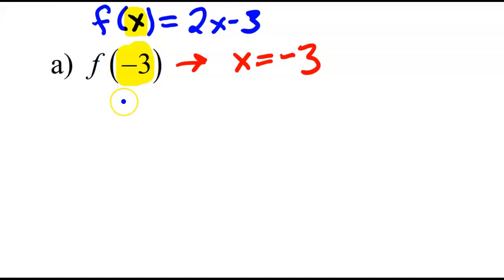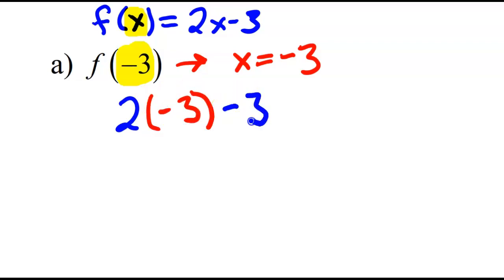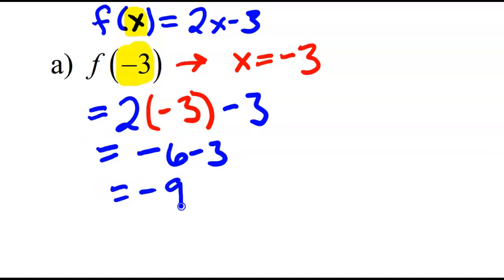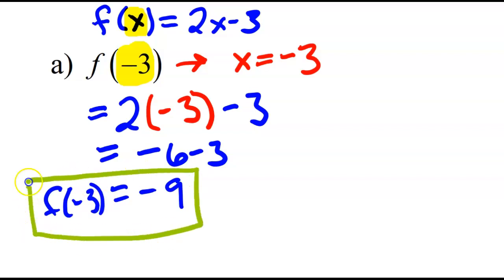Well, my function is 2, and then instead of x, multiply by negative 3, subtract 3, and then I just evaluate. So equals negative 6 minus 3 equals negative 9. So f at negative 3 gives me a value of negative 9.